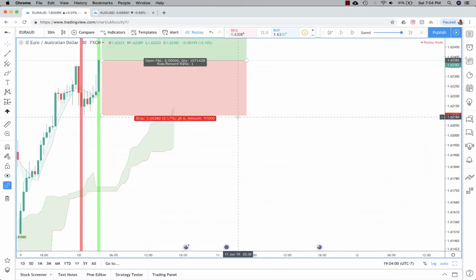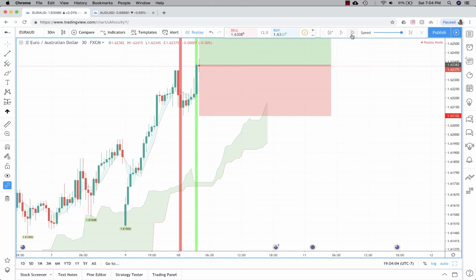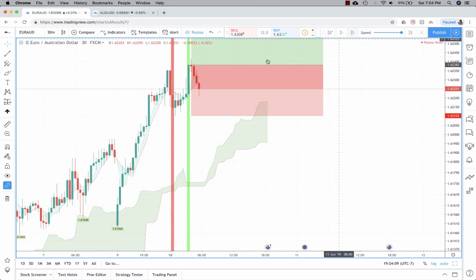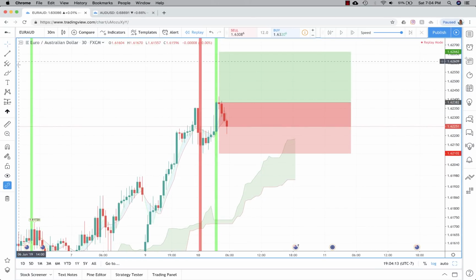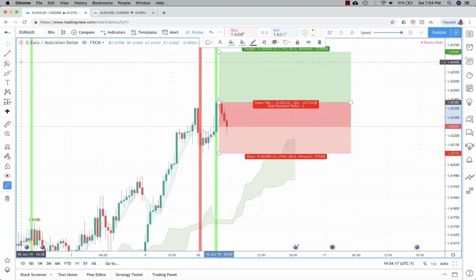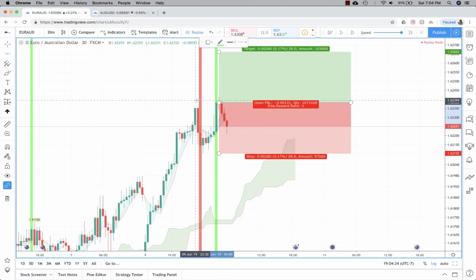All right, so we're right here. We enter on this candle. Looks like it's pulling back a little bit. But I'll show you guys where to put the stop. So let's see. So 28. You guys don't have to put the exact pip number. You could just eyeball it, because it might be a little too much work for you guys.